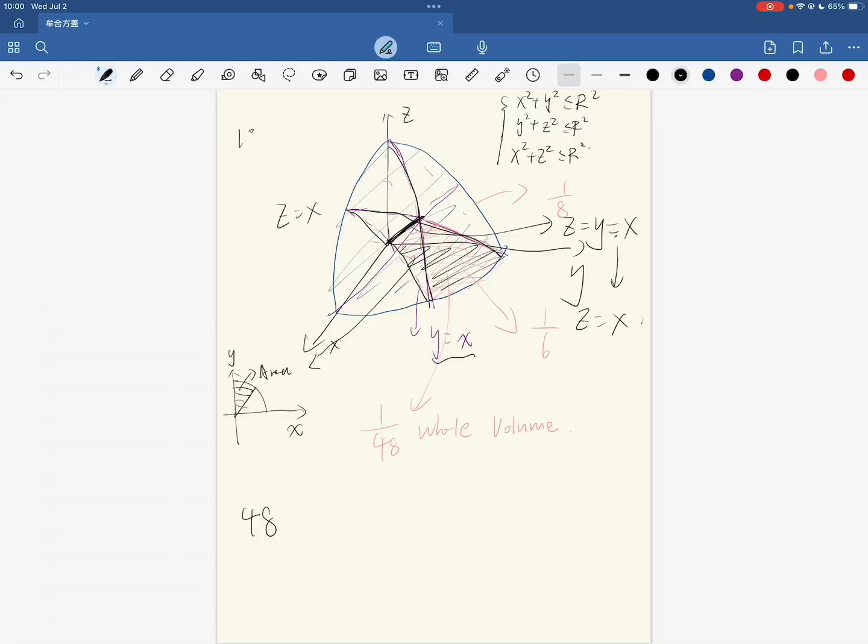We get z equals x. We let this region be D, which is the area, and as we said before, we integrate the height z equals x over D.